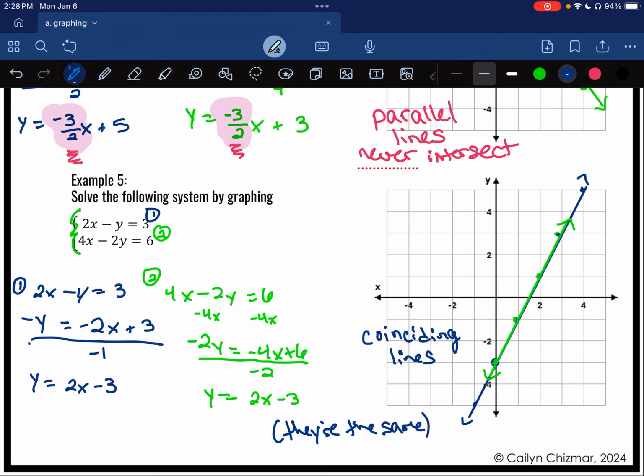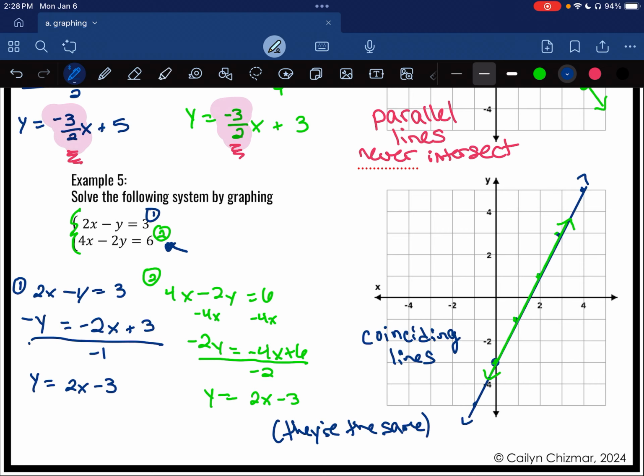What ended up happening, if we look up here, is this equation number 2 is a multiple of the top equation. If I took that top equation and multiplied it by 2, that's how I get the bottom equation, which is why they looked different. They end up being the same line. So every single point on the blue line exists on the green line and vice versa.